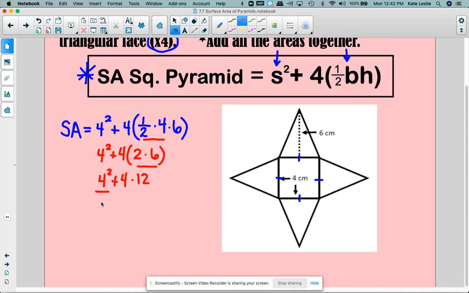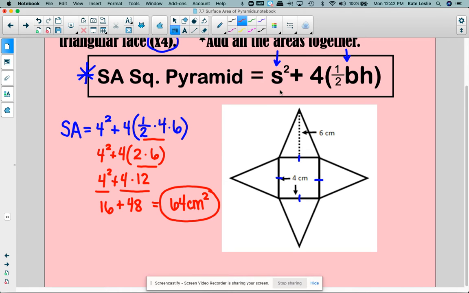So 4 squared is 16. Make sure you know that that's 4 times 4, not 4 times 2. Plus, and then if you want, we can do multiplication in the same step. 4 times 12 is 48. So when we do 16 plus 48, we get 64 centimeters squared for our surface area.